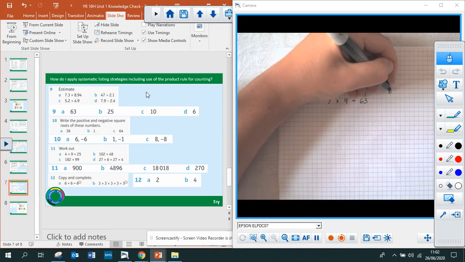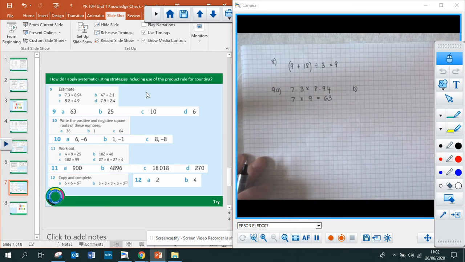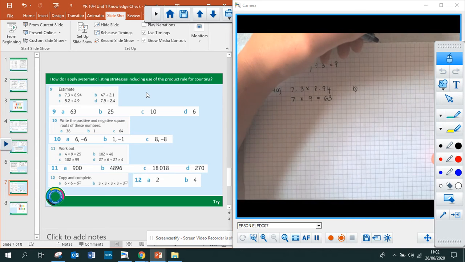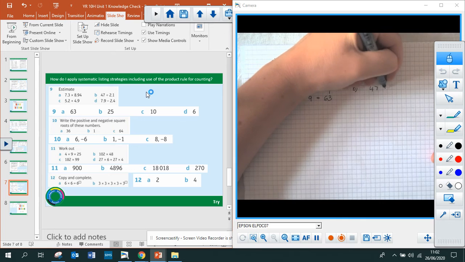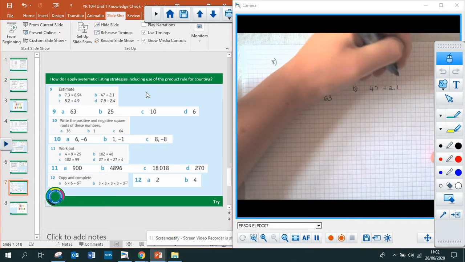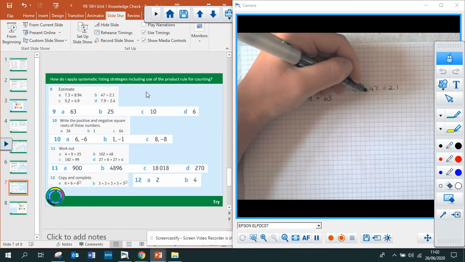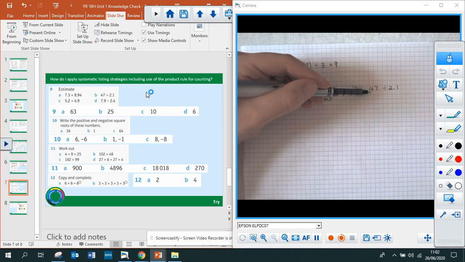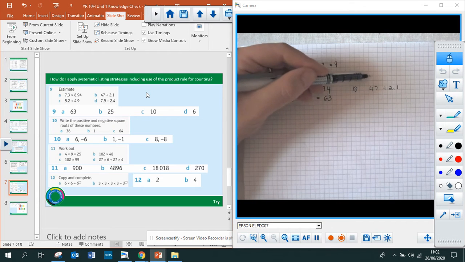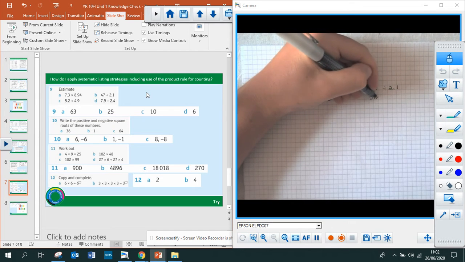Part B, we have 47 divided by 2.1. Okay, so I'm going to round them both to one significant figure. 47 to one significant figure, you look at the first non-zero number, that's 4. 7 is going to round 4 up to 5, so that's roughly 50.